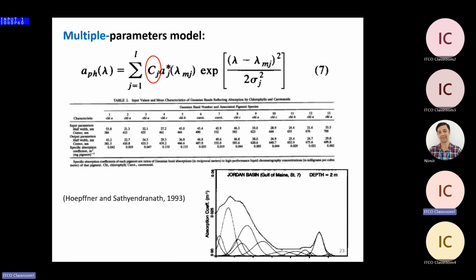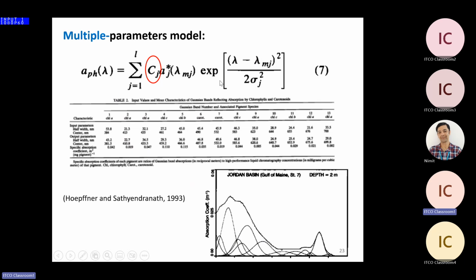Here is a multi-variable approach. That's what Hoepffner and Sathyendranath did 30 years ago. Basically, use certain Gaussian functions to decompose the APH spectrum, which can reconstruct the APH spectrum almost 100% precisely.